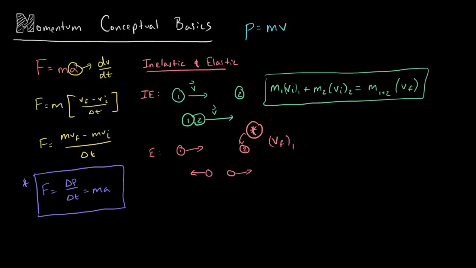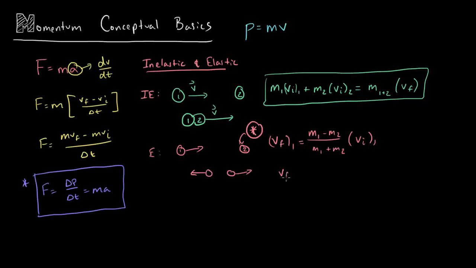So velocity final of 1 equals m1 minus m2 over m1 plus m2, multiplied by velocity initial of 1. This kind of makes sense because ball 1's velocity is the only thing which should influence your final velocity, because ball 2 is stationary.